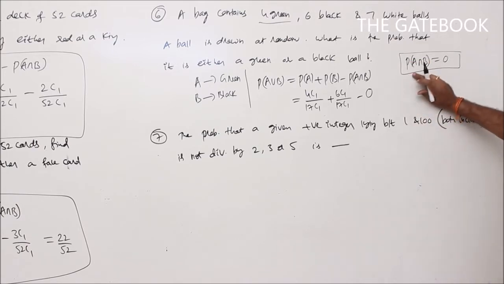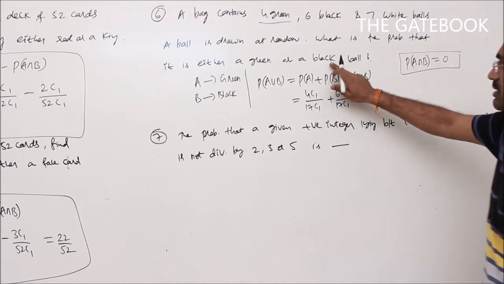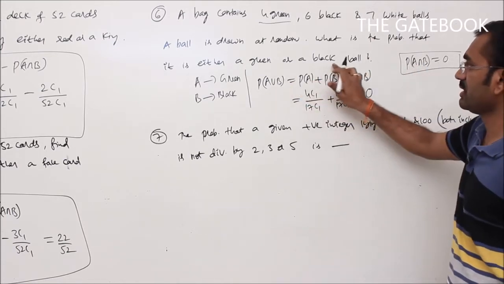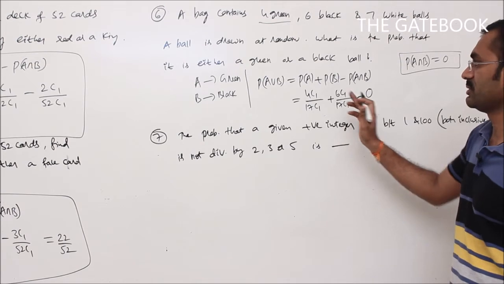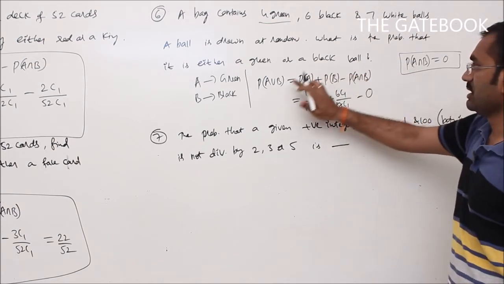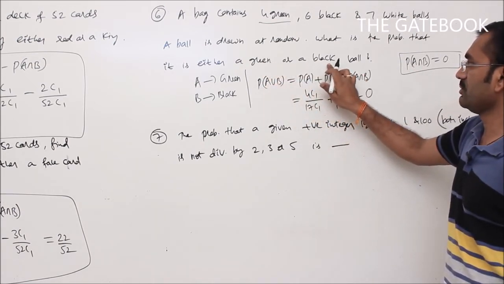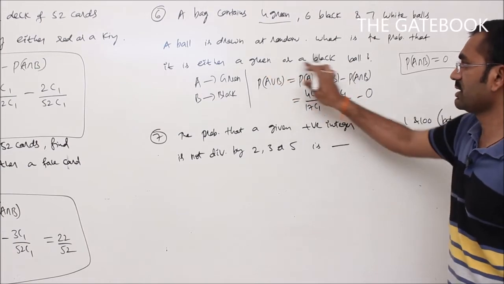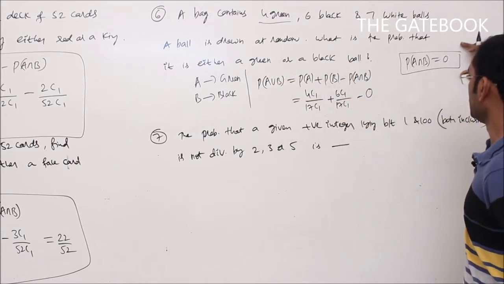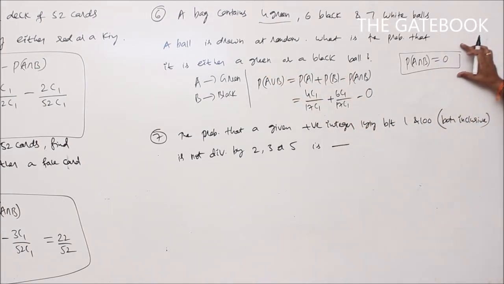What are mutually exclusive events? Two events are said to be mutually exclusive if both cannot happen simultaneously. Can you get a green and black ball together? No, that is not possible. So both are mutually exclusive, and P of A intersection B is 0.